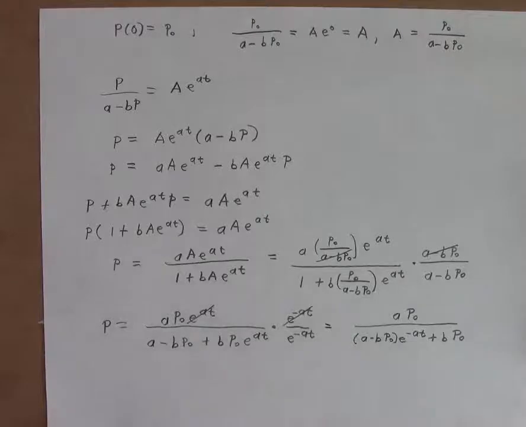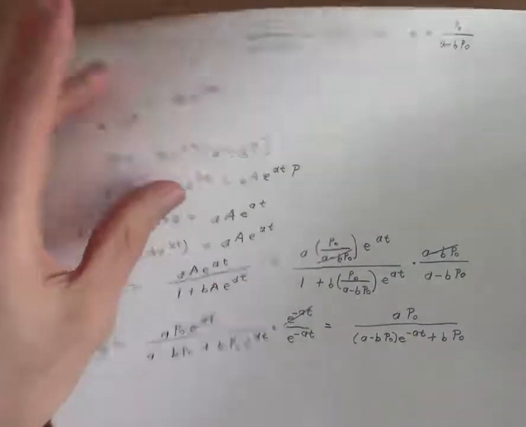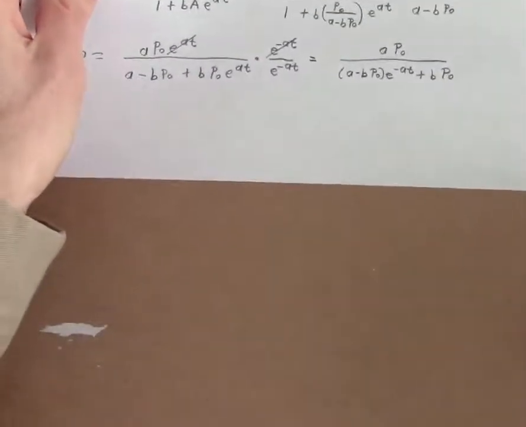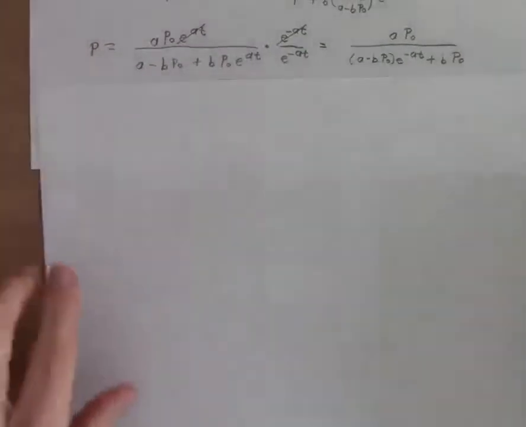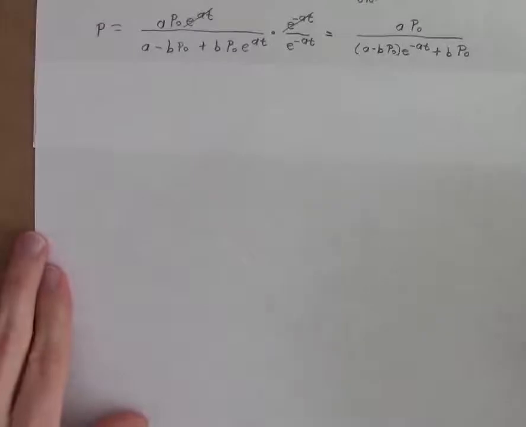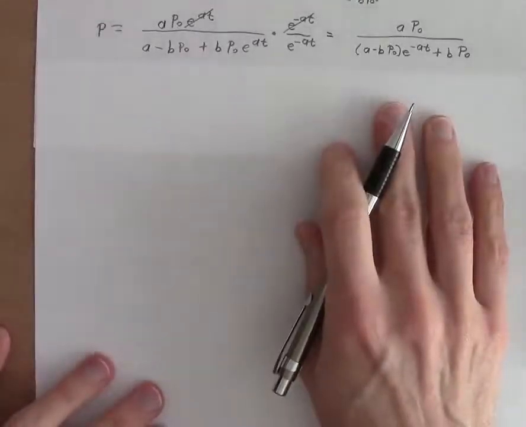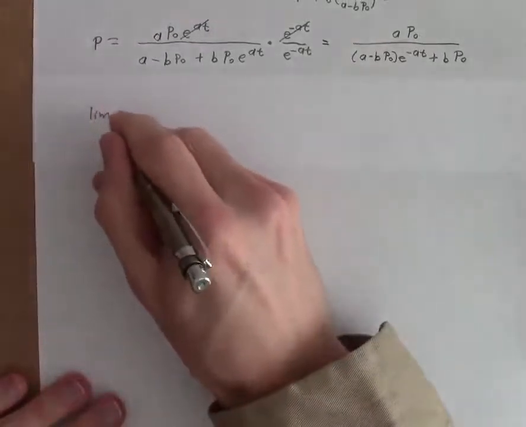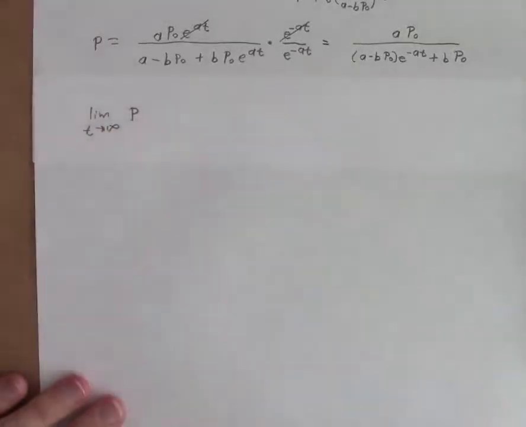And let's just study some of the properties that this particular solution has. To start out, let's take the limit of the solution as t goes to infinity. So apply a limit to p.